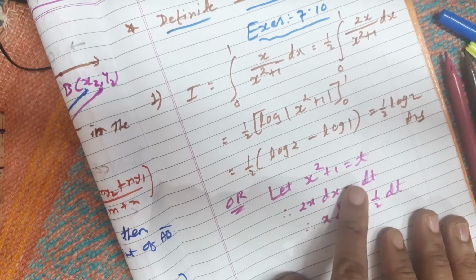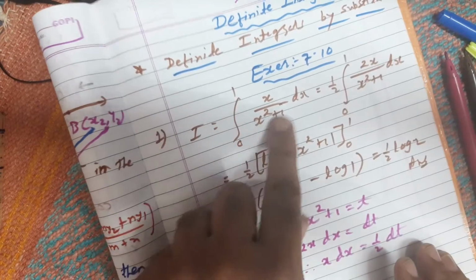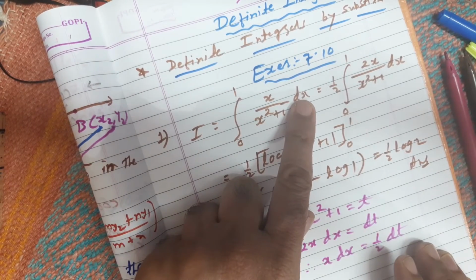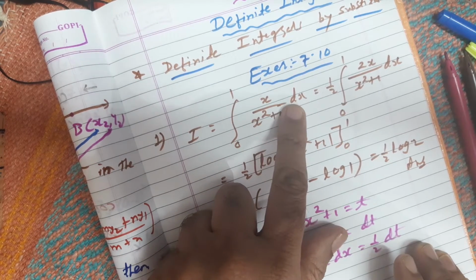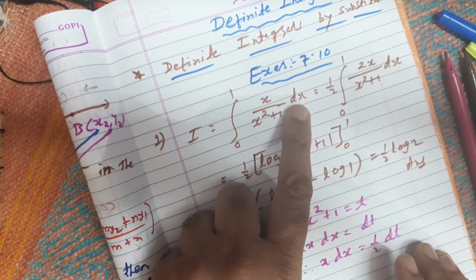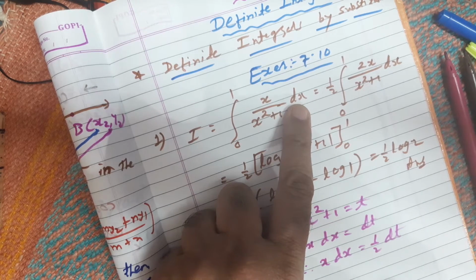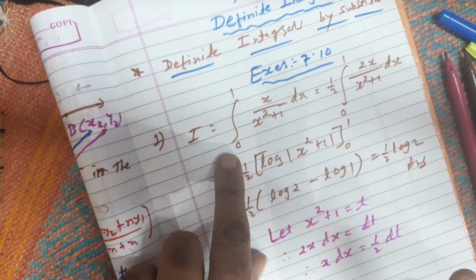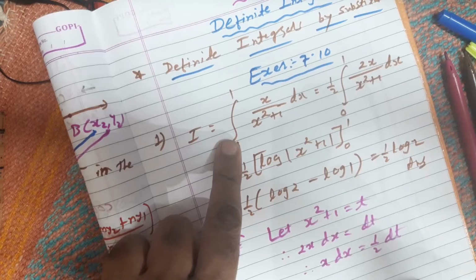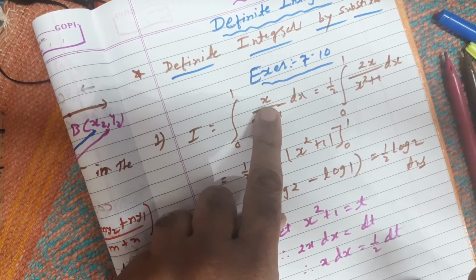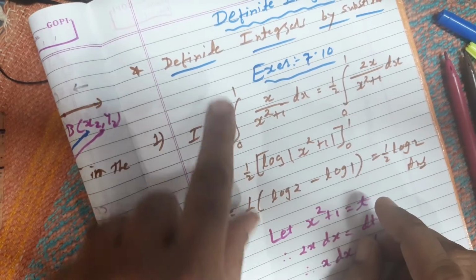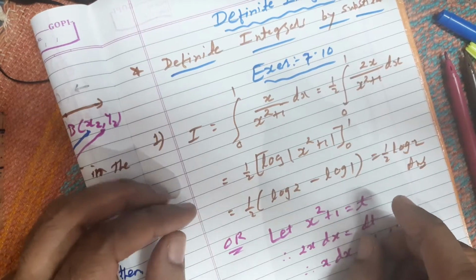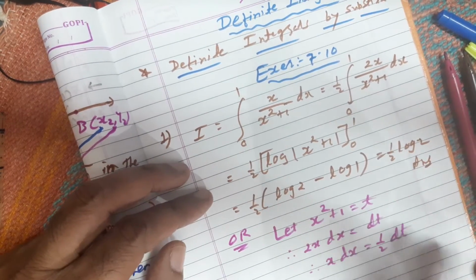Change of variable means now everything will be turned into t. All of the sum will be converted in terms of t, means not dx but dt. And be careful, children, the 0 to 1 limit is given for x, not for t. So you have to find the new limits. That's a new thing.